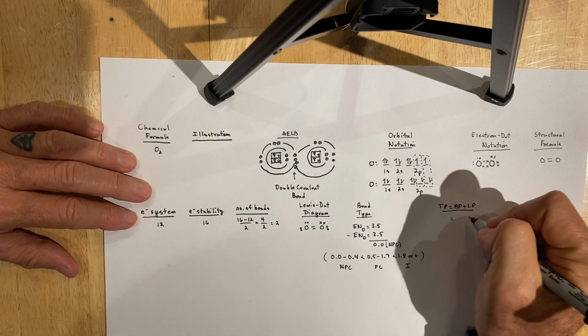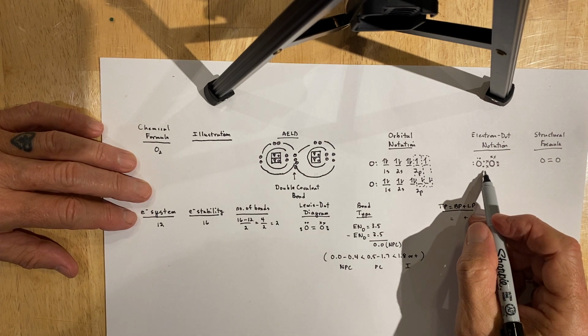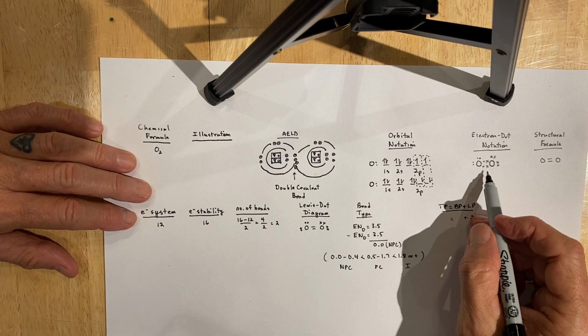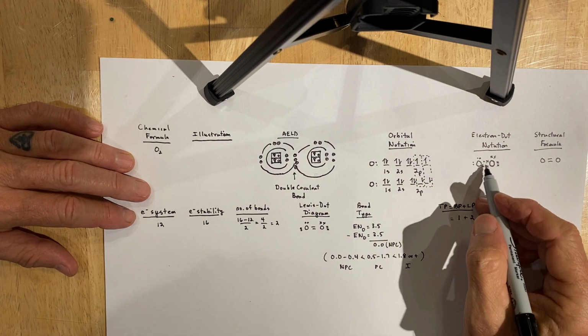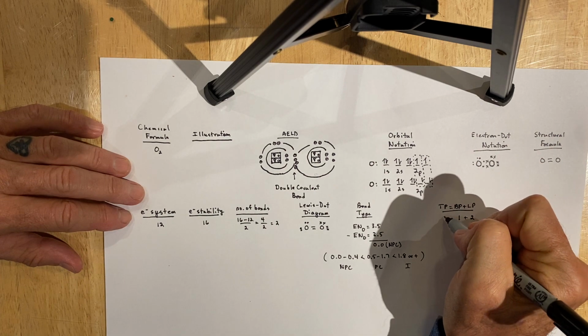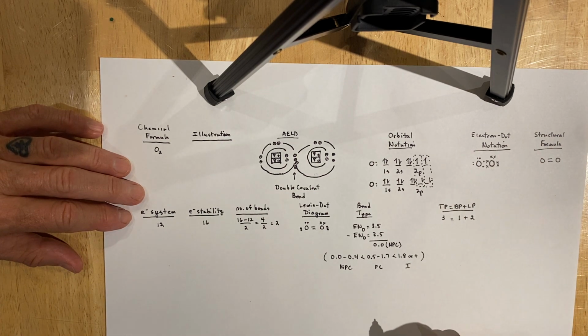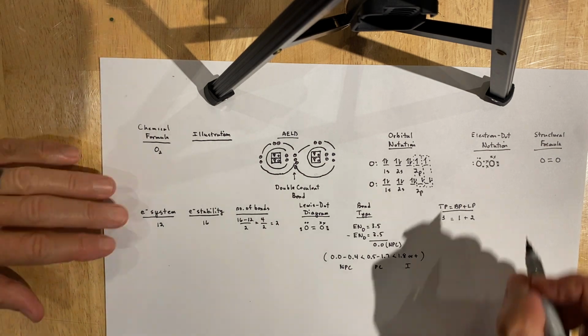Each oxygen has 2 lone pairs and 2 bonded pairs, but in the VSEPR system, multiple bonds count as 1 bonded pair, because whether you have 1 or 3 bonds between the oxygen atoms, they're fixed in space. So 1 and 2, 1 plus 2 is 3, and 3 total pairs predicts a trigonal planar geometry. How do we know that?